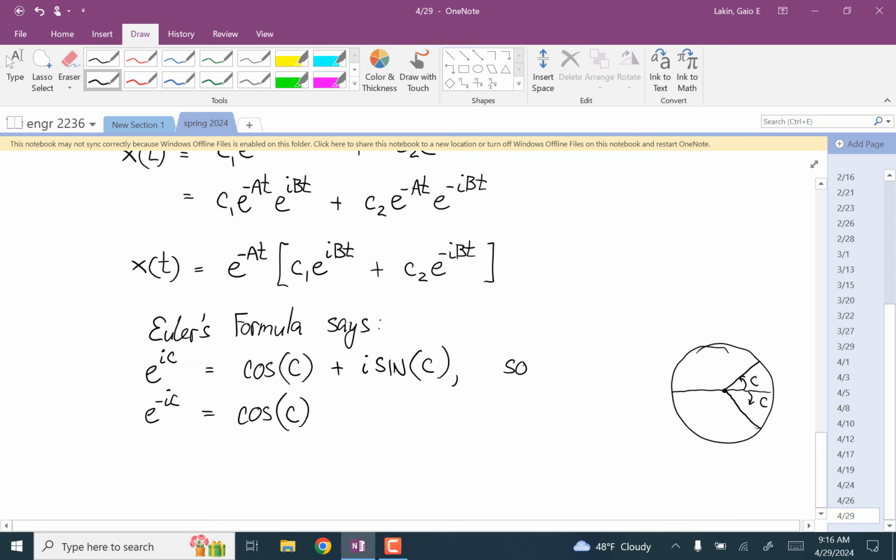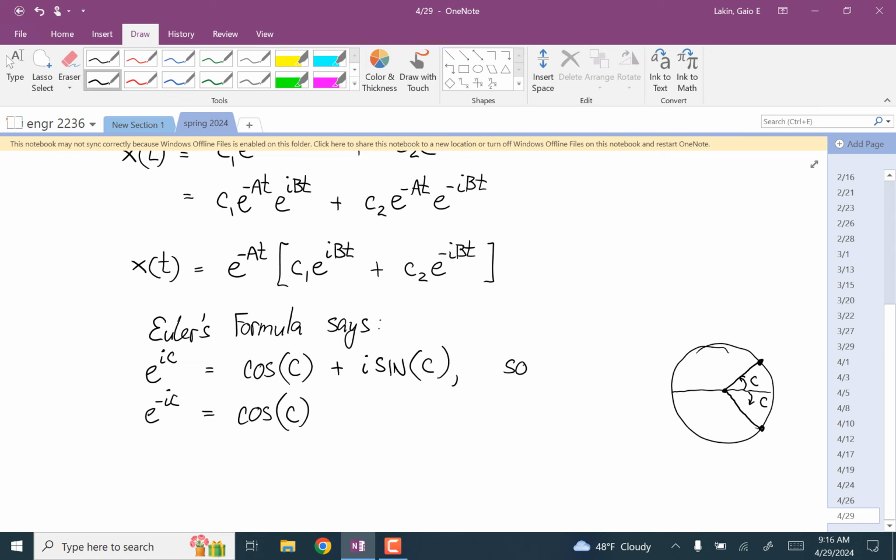And now let's think about the same thing with the sine. Using the unit circle, the sine of this angle is the vertical component. So when you compare the y component for the positive angle c to the y component for the negative angle c, what's the relationship there?